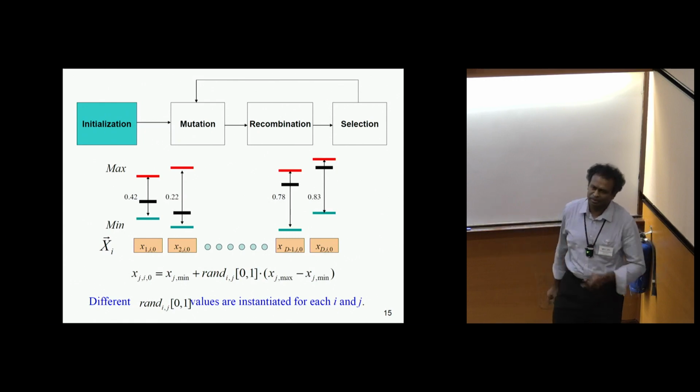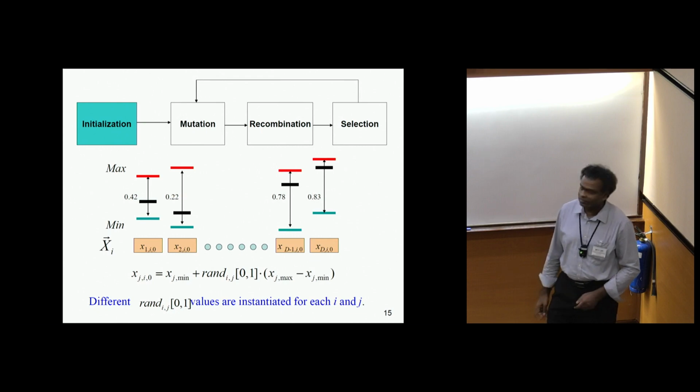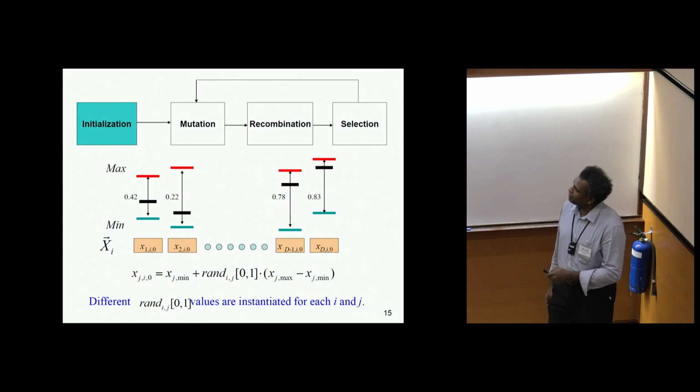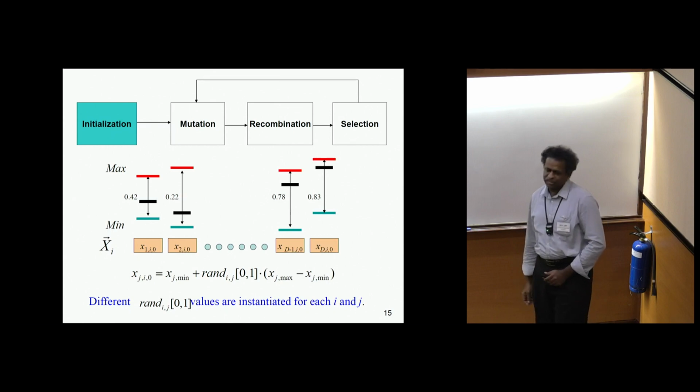Every element in the matrix is initialized randomly like this. You generate a random number every time, and the initialization is between the min and max values for each decision variable.